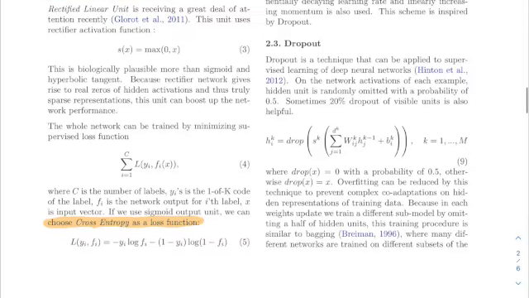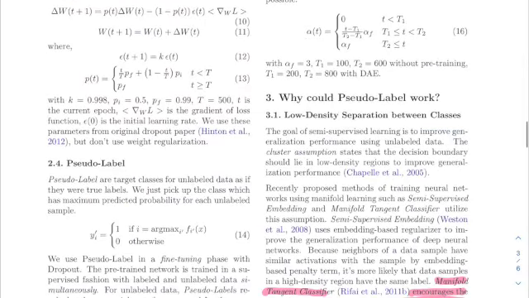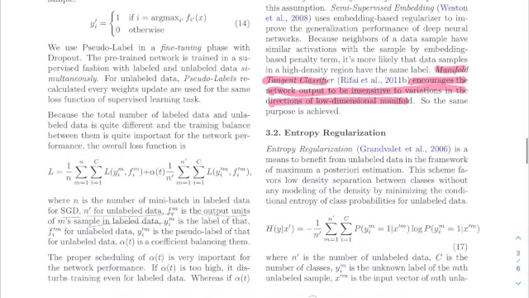He first starts by saying that he wants to calculate the errors, or rather the loss, of the labeled and unlabeled data. So he defines a function alpha.